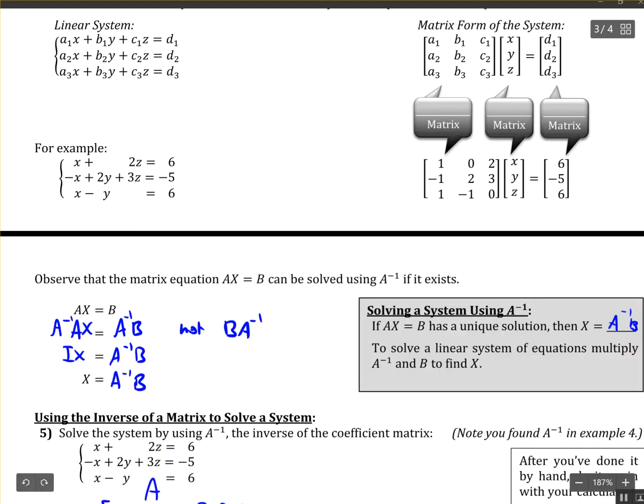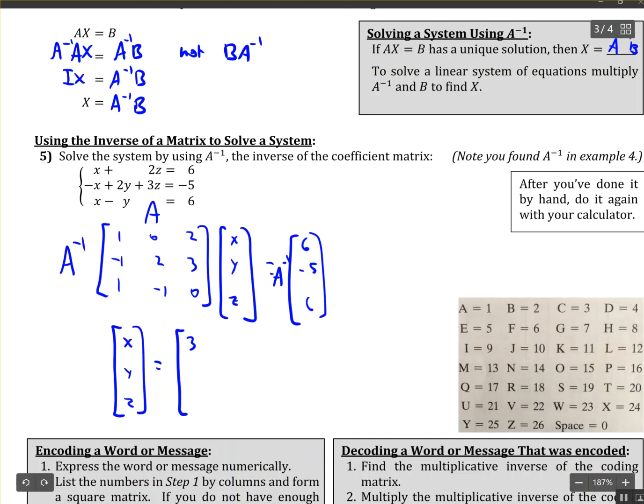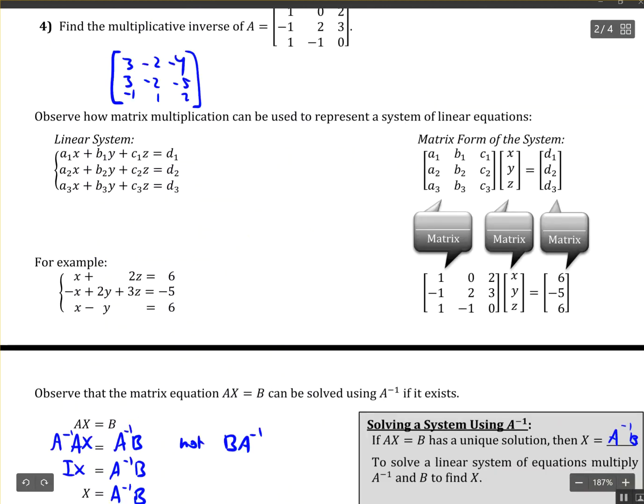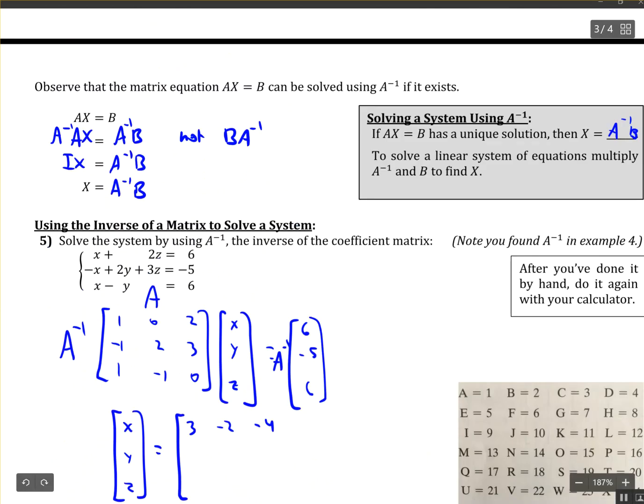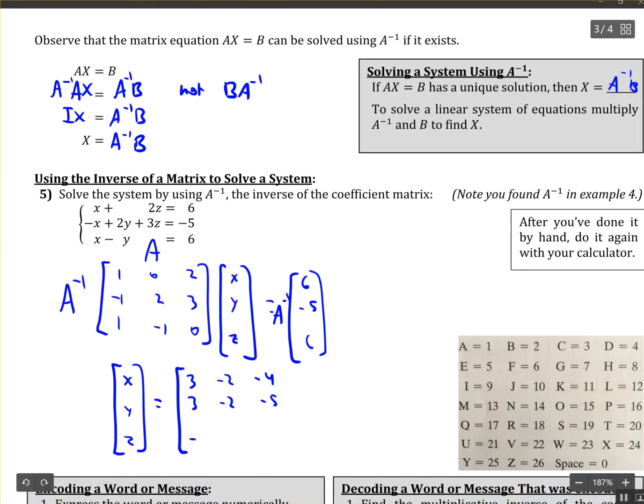So I have 3, negative 2, negative 4, 3, negative 2, negative 5, and negative 1, 1, 2. And I'm going to multiply that times 6, negative 5, 6.